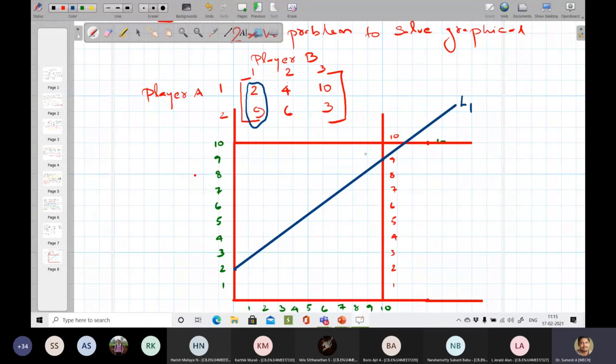Now we'll take the next strategy, which is 4 and 6. Here 4 is available and here the 6 value is coming. I will again join 4 and 6 with a straight line.